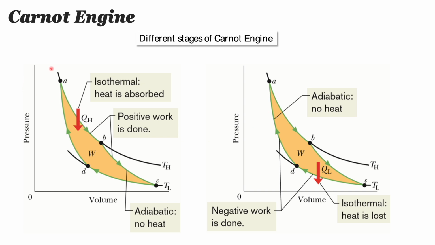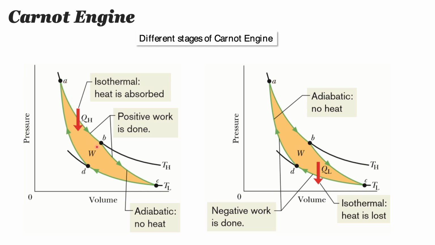Now just look at it: this is one graph, the same graph, only separated for the first two states and the last two states. This is for A to B, B to C, and this is from C to D and D to A. Now if we want to revise it, it is very simple.